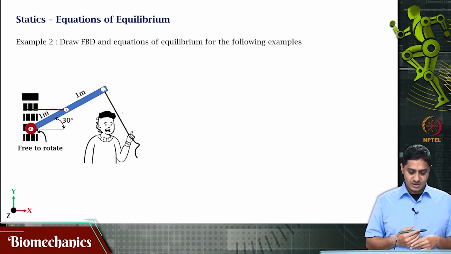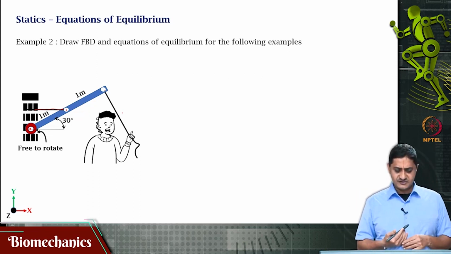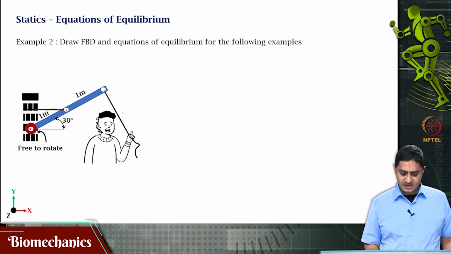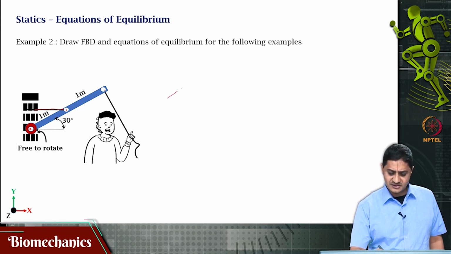Okay. So, now let us write out the equations of static equilibrium, but first let us draw the free body diagram of the situation. So, this is the beam. I am going to assume a similar inclination. Okay, that is the beam.